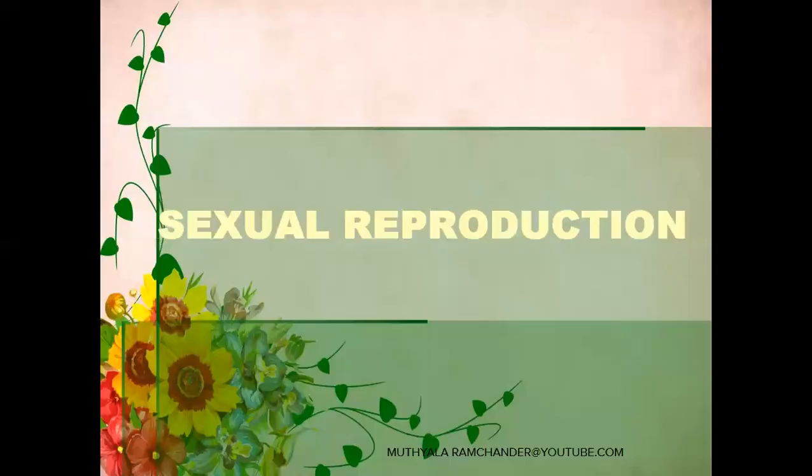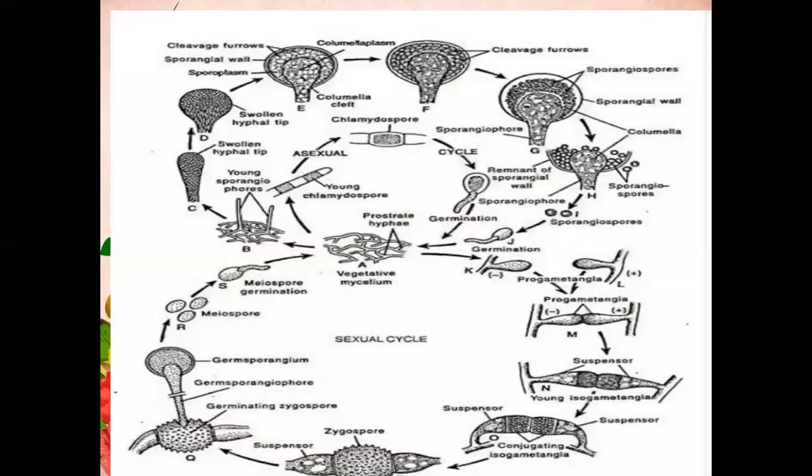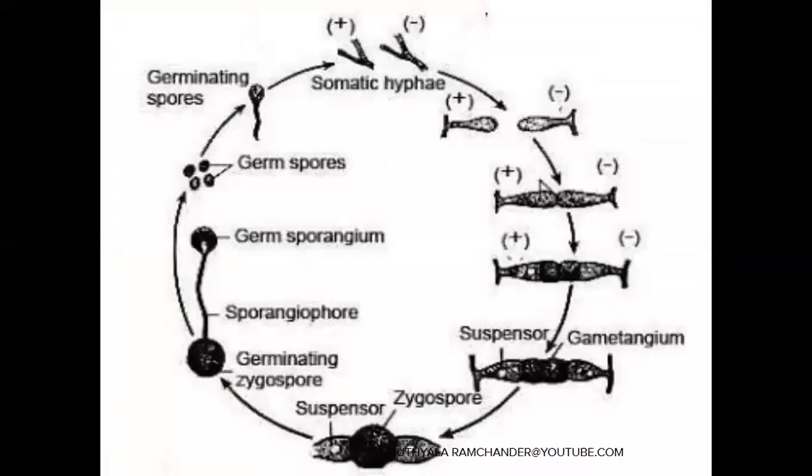Now we discuss sexual reproduction of Mucor. Mucor participates in sexual reproduction in unfavorable conditions. When unfavorable conditions are present around the mycelium, they participate in sexual reproduction by the conjugation mechanism. Before the unfavorable conditions, the mycelium is a single unique structure. If unfavorable conditions develop, the mycelium divides into plus strain fungi and minus strain fungi.